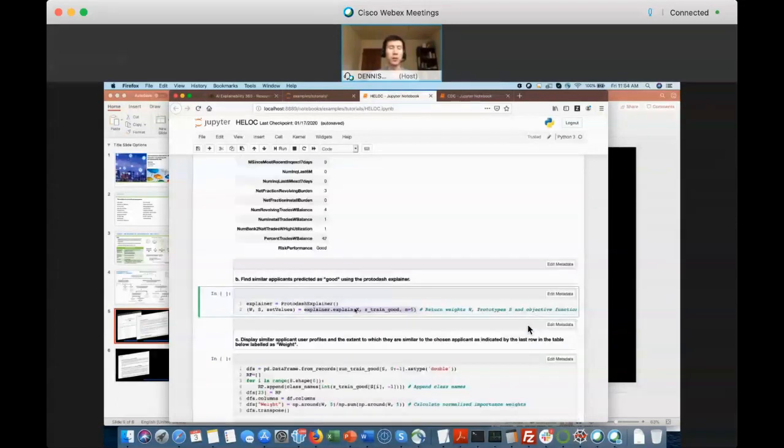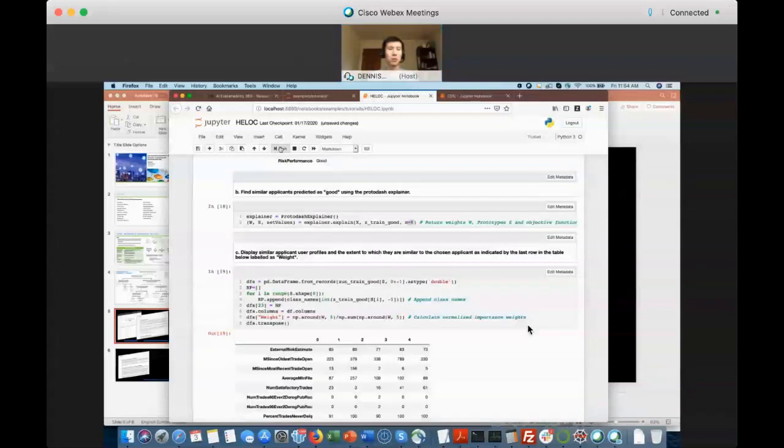So X is this applicant in question. Z train good, that's the part of the training data set that was classified as good. And M=5 here means that we want to return 5 prototypes, 5 applicants that are similar. So let's run this.